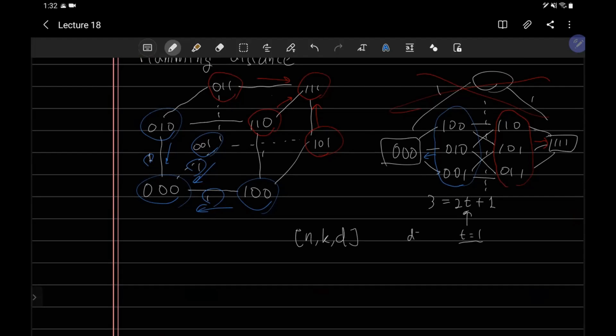For our simple example, we are using 3 bits to represent the 1 bit of information, and in this case, the minimum Hamming distance between all the valid code words is 3. So it is called a (3, 1, 3) code.